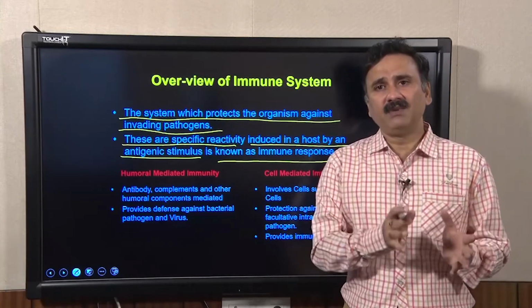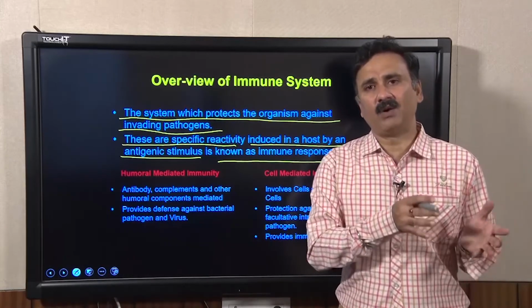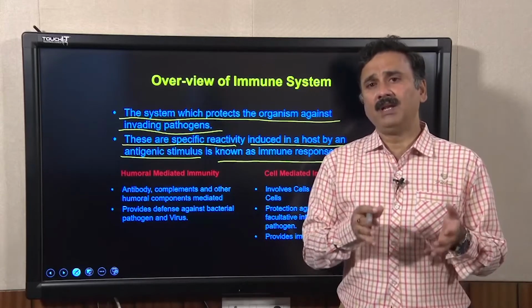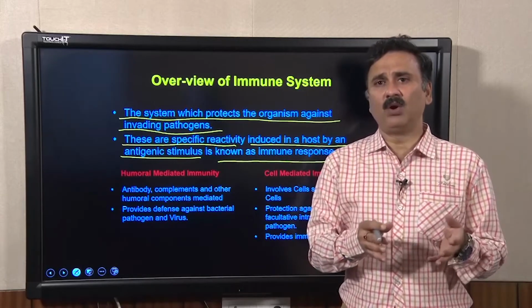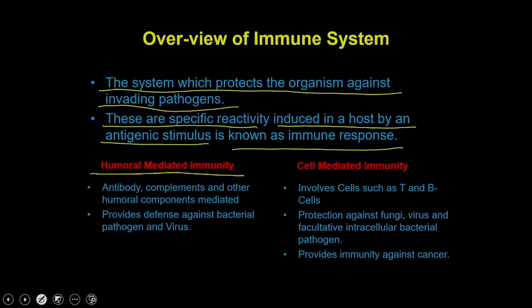Collectively, all the responses developed against a foreign antigen are known as the immune response, and these could be of two different types: humoral mediated immunity or cell mediated immunity.